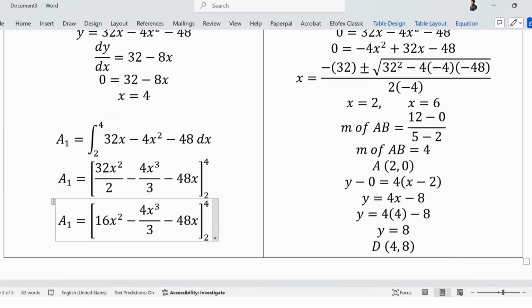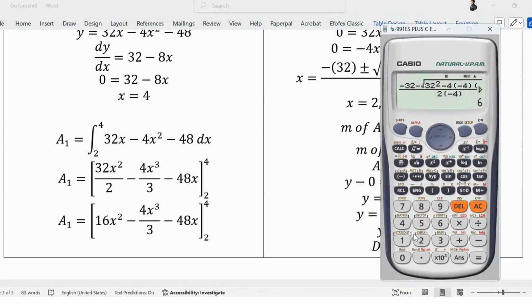Let me tell you an easy way. Let's see using a calculator. What do I do first? First I have to put the value 4, right? So I write 4 and press equals. Then I write this entire thing: 16 × answer² - 4 × answer³/3 - 48 × answer.